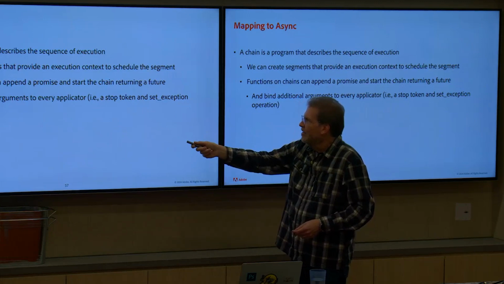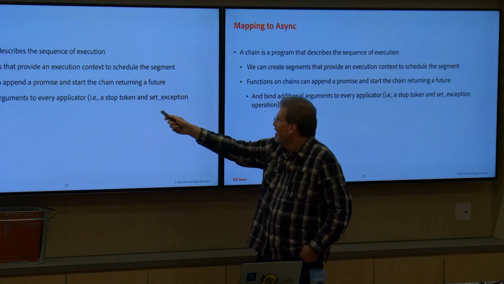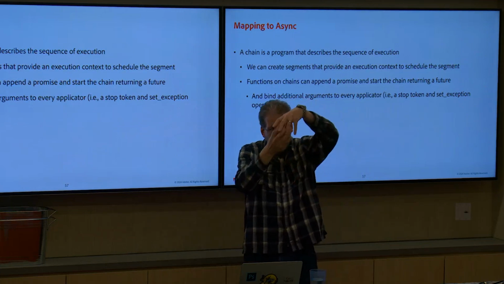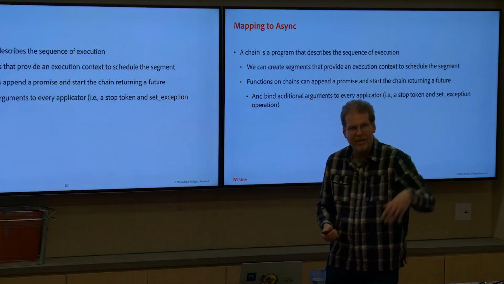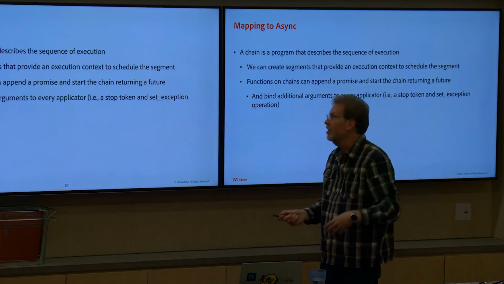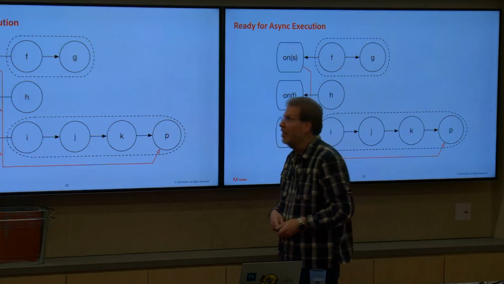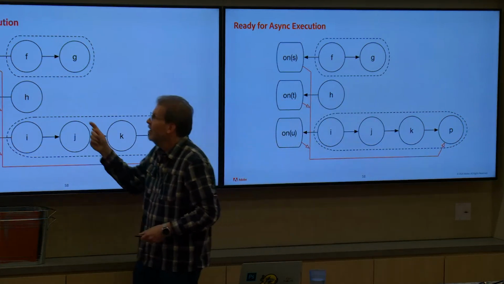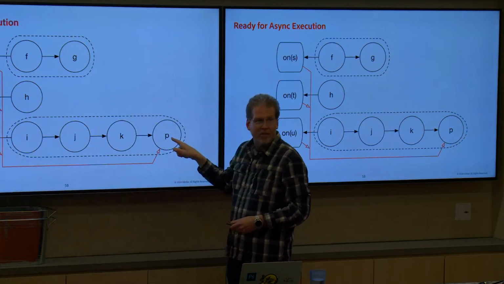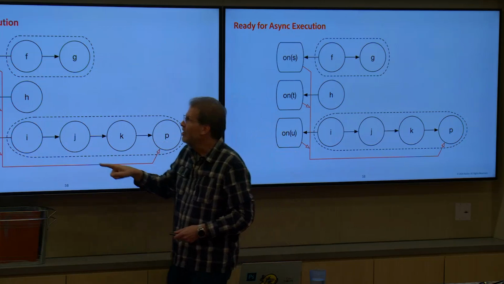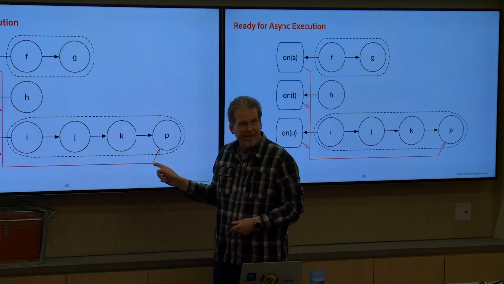And it can bind additional arguments to every applicator, i.e. a stop token and a set exception. Remember, all of this is stored flat, so the compiler has all the type information. So you can write algorithms to transform this structure. When you get a chain and you say, I'm going to execute this chain, we can inject a path for our exception to go straight to our promise at the end. We can inject code that says, if there's been a stop request, just go to the end.